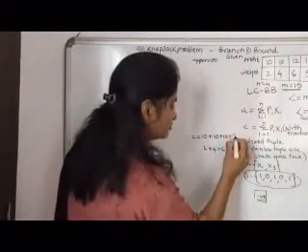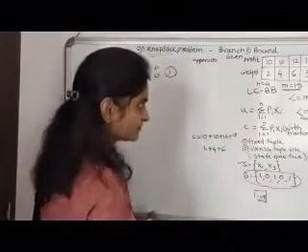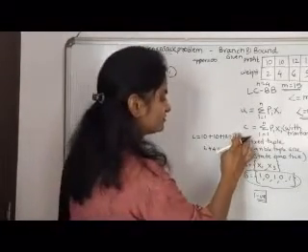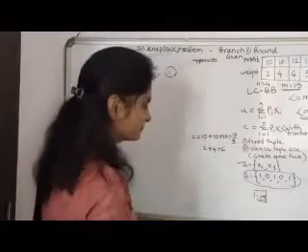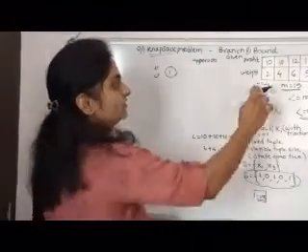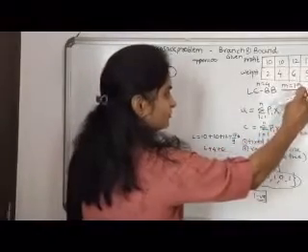The profit of the last object is 18 and the weight is 9, into what? 15.